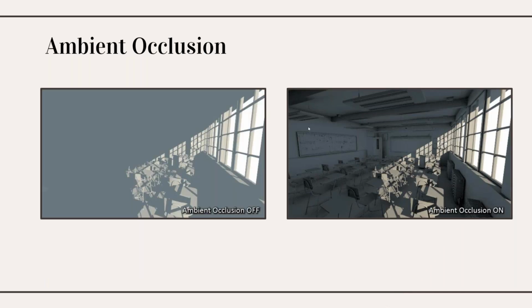Next is ambient occlusion. So this is a term they use a lot in game and 3D modeling. You can look up the technical definitions by yourself, but to me, ambient occlusion is just where the light can't reach, where the shadow is the darkest, and it just disperses out throughout the object.